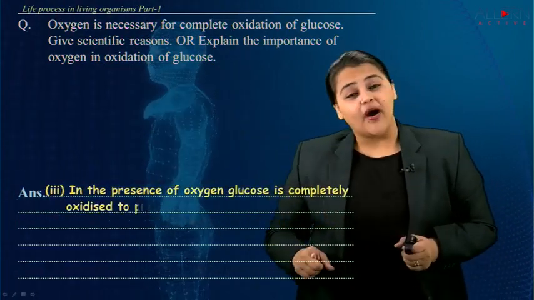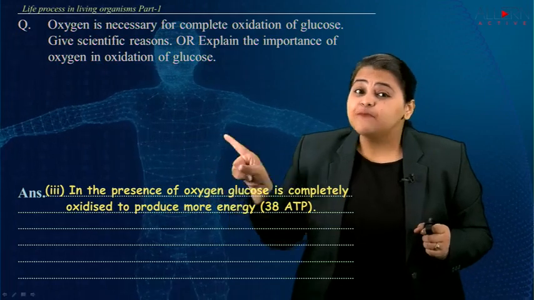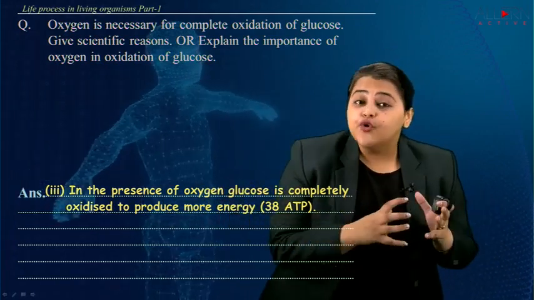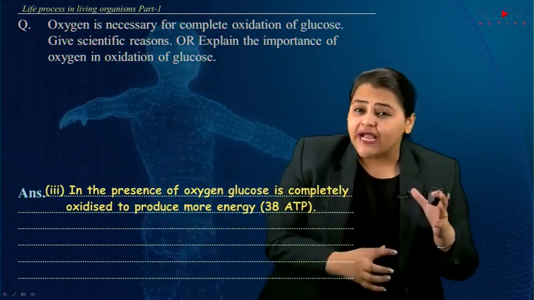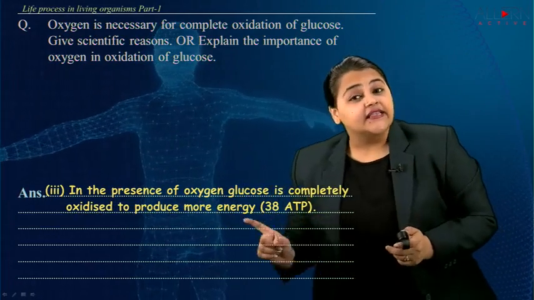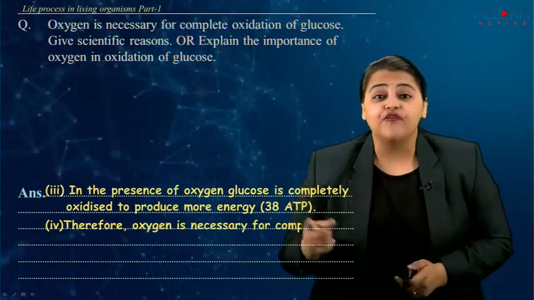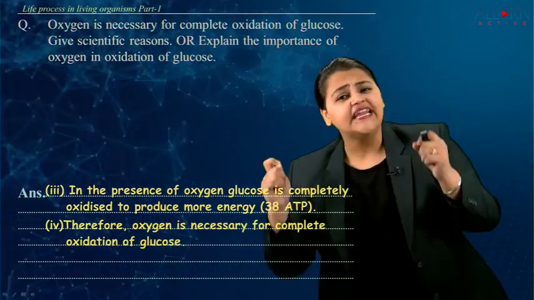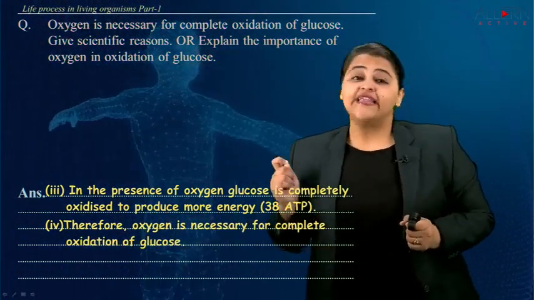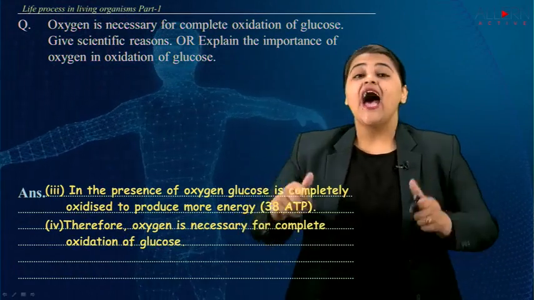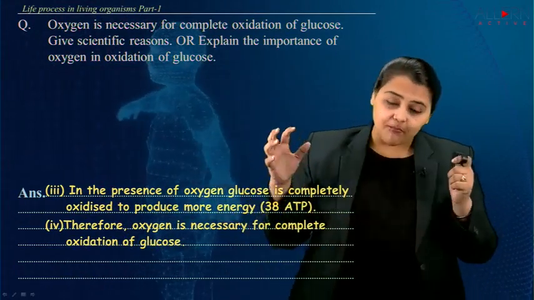And that is why we say that in the presence of oxygen, the glucose, the food nutrients, will be completely oxidized and they will produce more energy, that's 38 ATP. Therefore, oxygen is highly necessary for complete oxidation of glucose and providing our body with maximum energy.